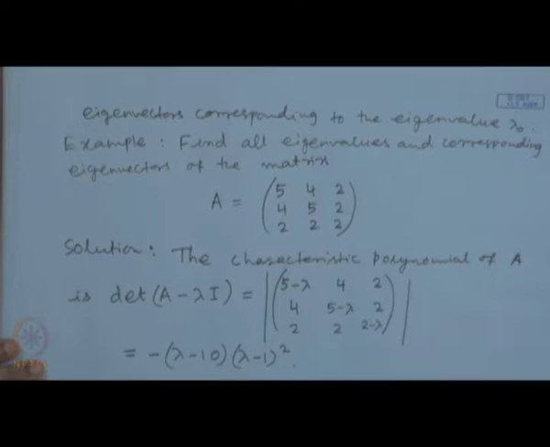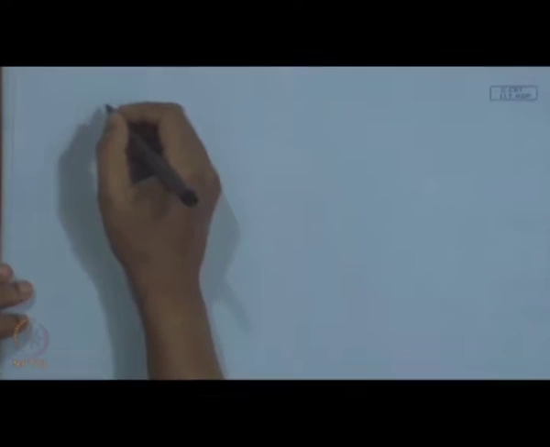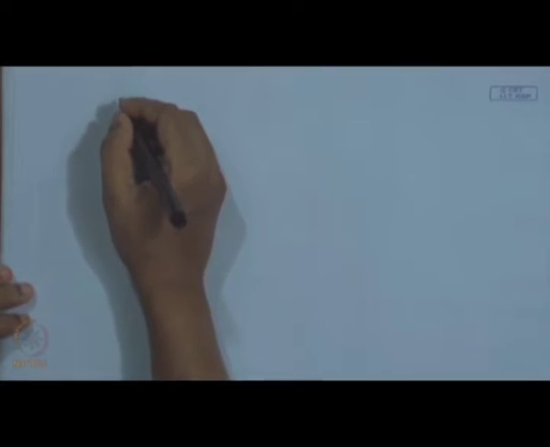So, the roots of this equation, determinant of A minus lambda I, are lambda 1 is 10 and lambda 2 is 1.